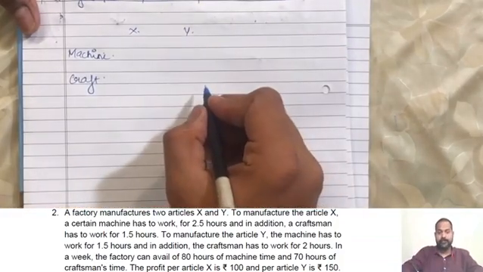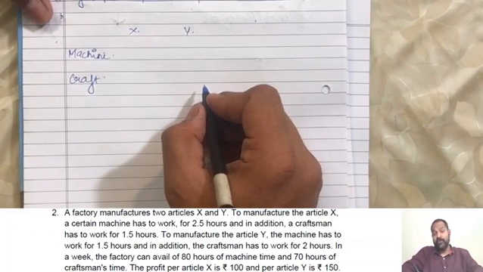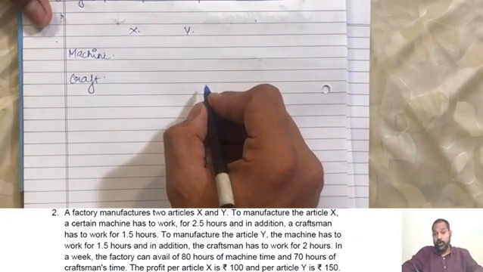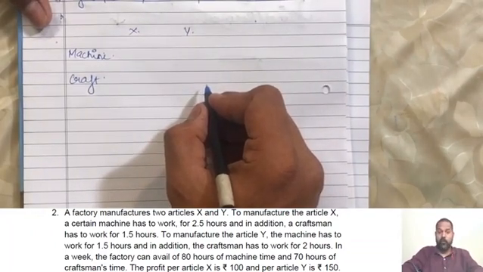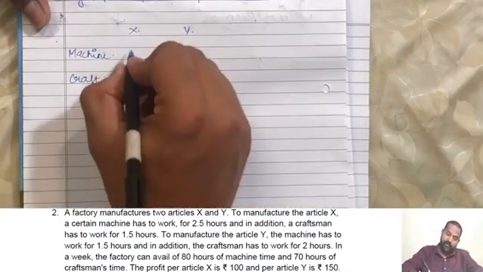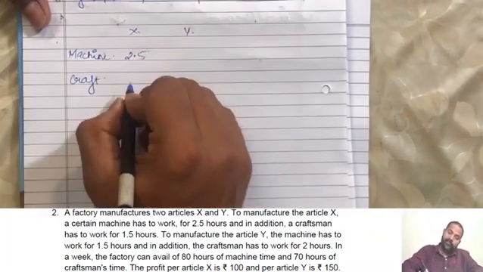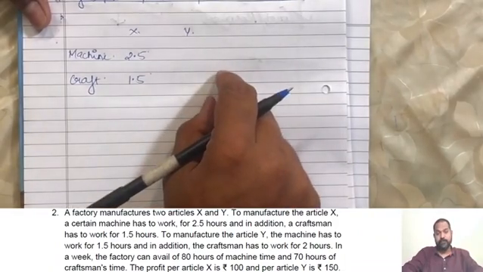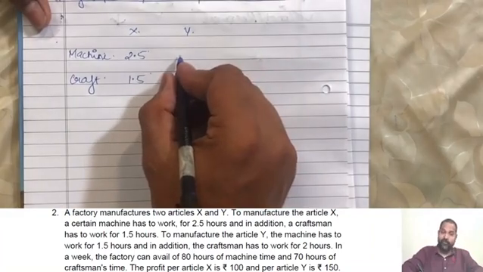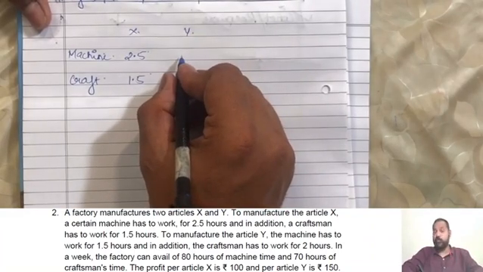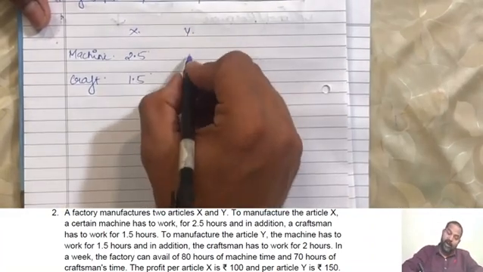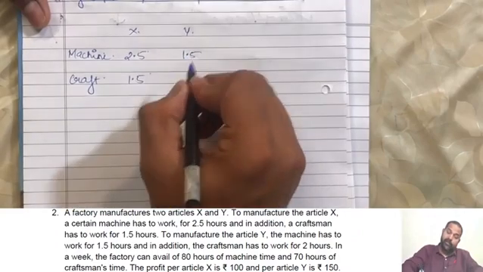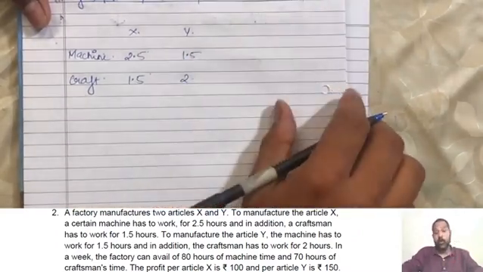Start filling up. To manufacture article X, it takes 2.5 hours on the machine and an addition of 1.5 hours for the craftsman. So for X, 2.5 hours on the machine and 1.5 hours on the craftsman. To manufacture the article Y, a machine has to work for 1.5 hours and a craftsman has to work for 2 hours.